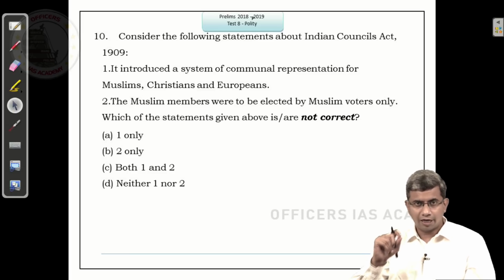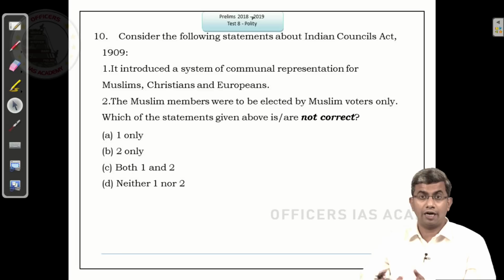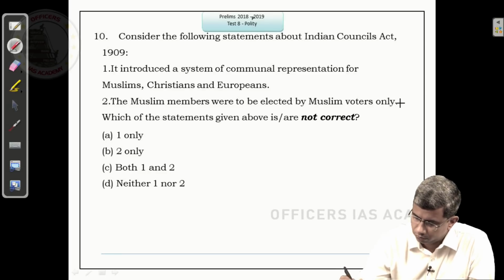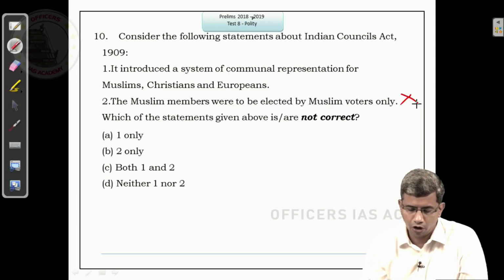The second statement is correct. That is the separate Muslim electorate, the communal electorate as it is called, which started with only the Muslims in the 1909 Act. And only Muslim voters will elect their representatives in such Muslim constituencies. So the second statement is correct, which means this is not a correct statement for this.